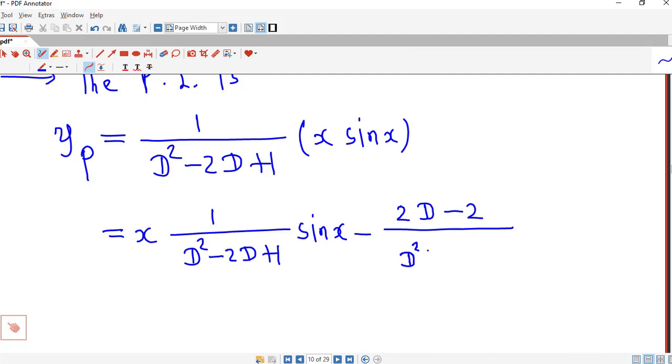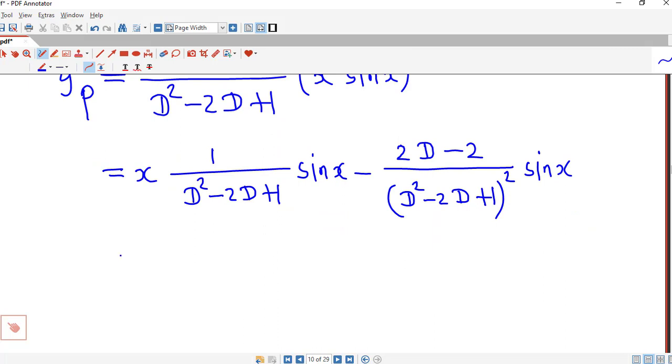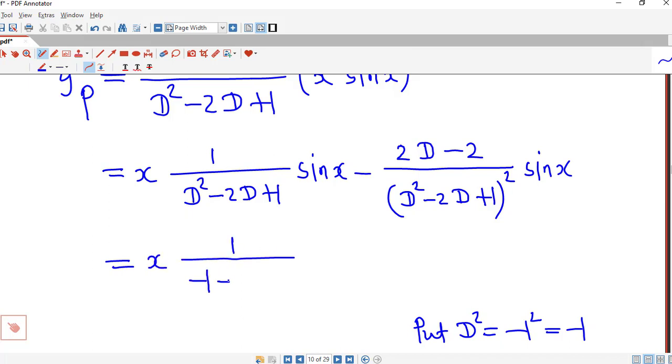And here we write D squared minus 2D plus 1 whole squared, and that is applied to sin x. Now because we have sin x and the coefficient of x is 1, we put D squared equal to minus 1 squared, that is minus 1. So here we put minus 1 minus 2D plus 1.